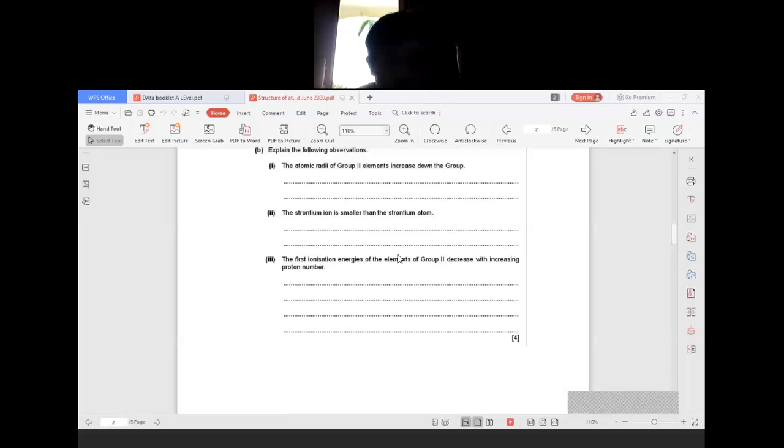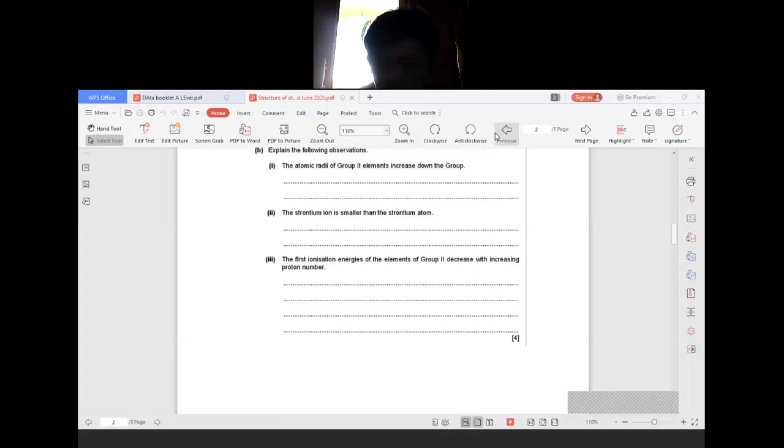The higher, the more protons. With increasing proton number, it also means an increase in the number of electrons. So more electrons, more shells.